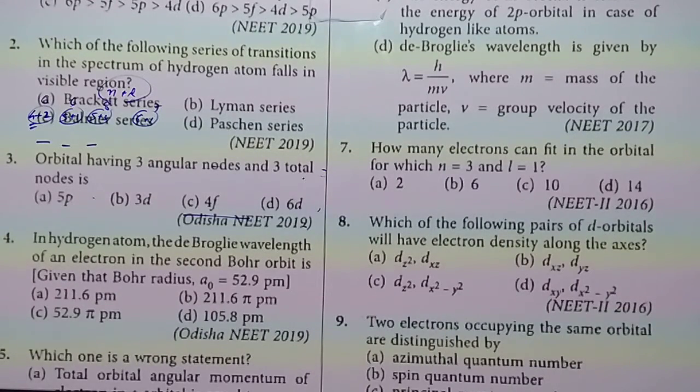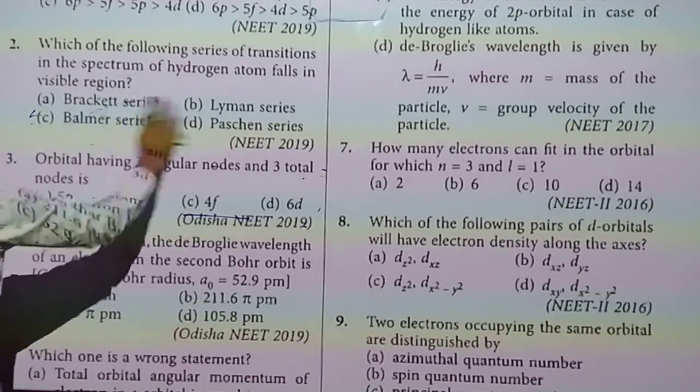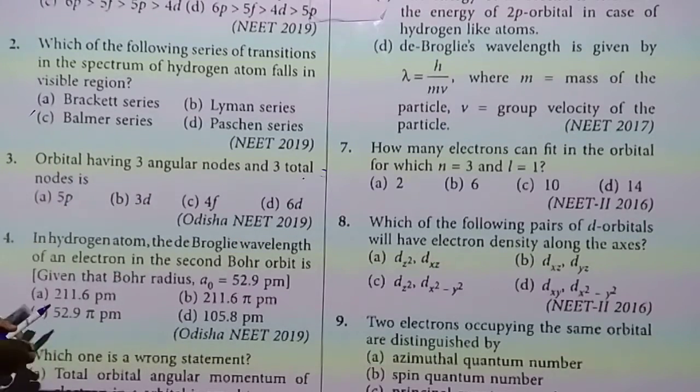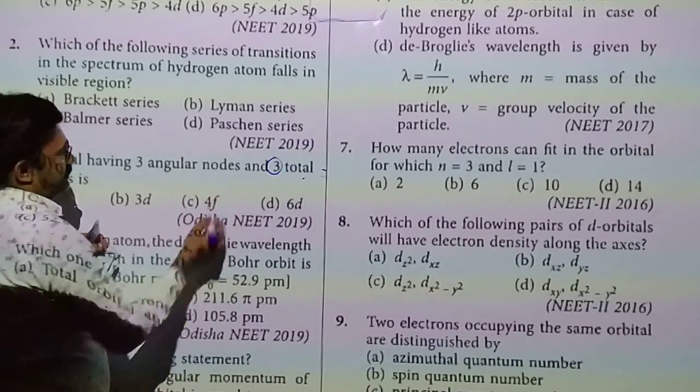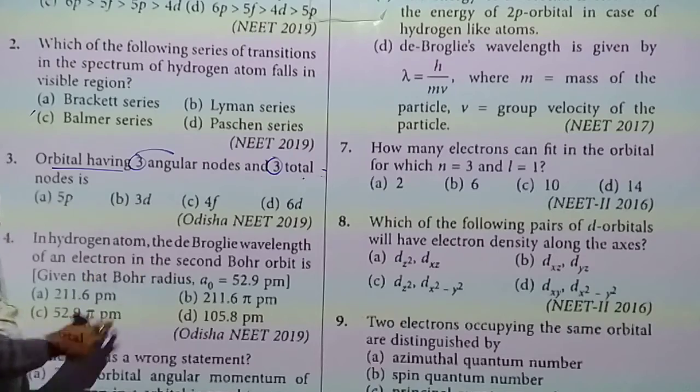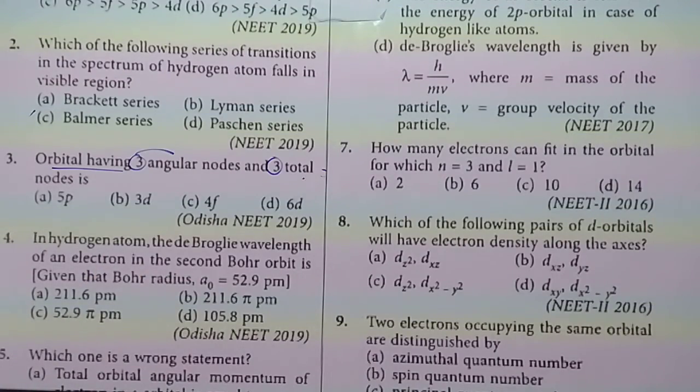Now the third question: an orbital having 3 angular nodes and 3 total nodes. Yes, angular nodes are 3.